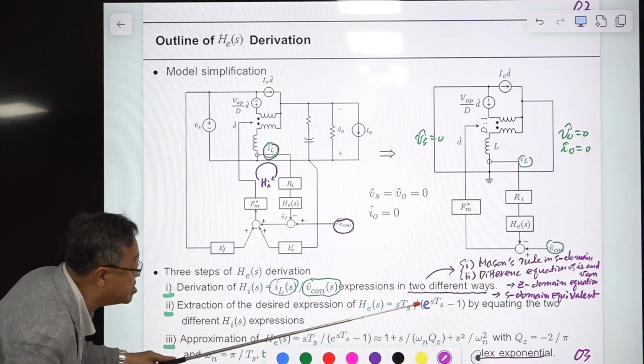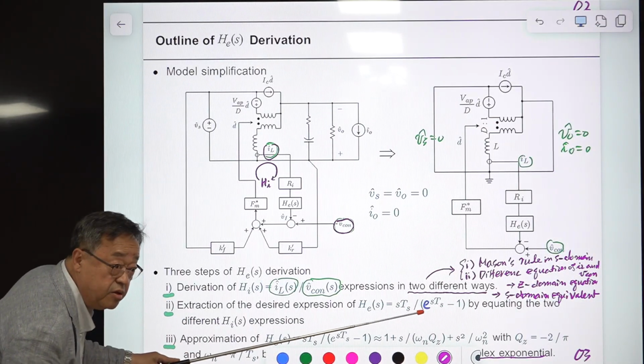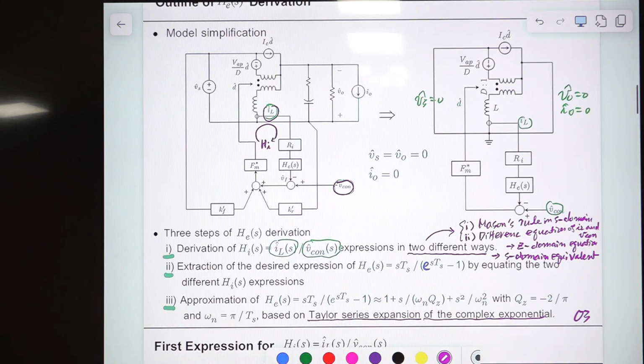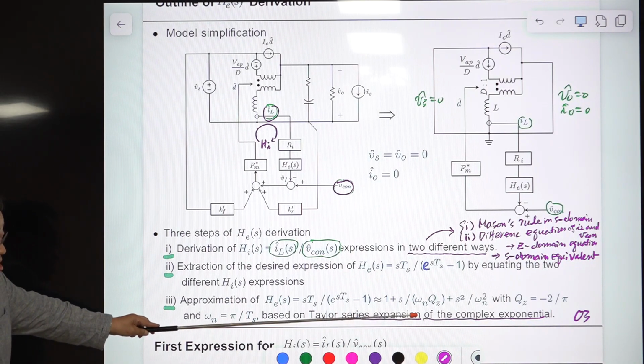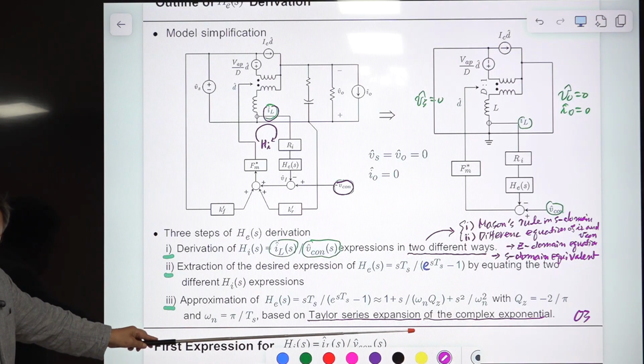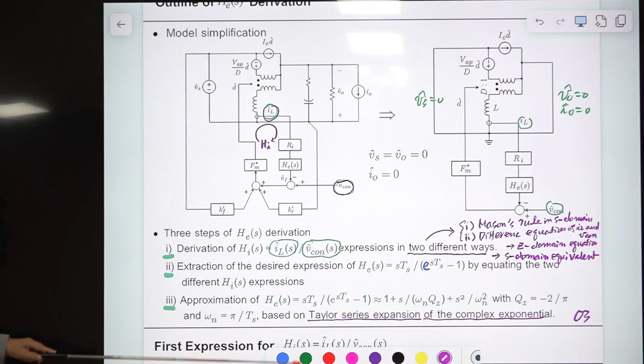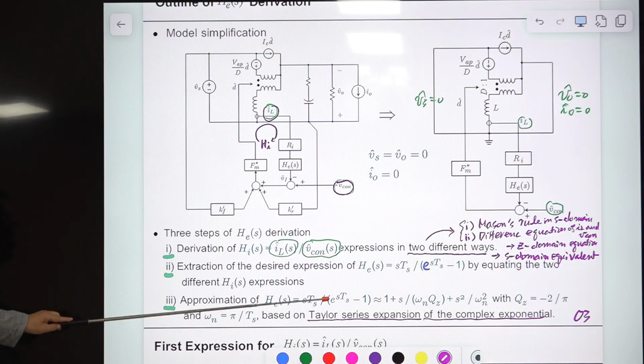But you have this transcendental function, so you need to use some approximation, the Taylor expansion of the complex exponential. Then use an approximation called Pade's approximation. Then the result will come out.